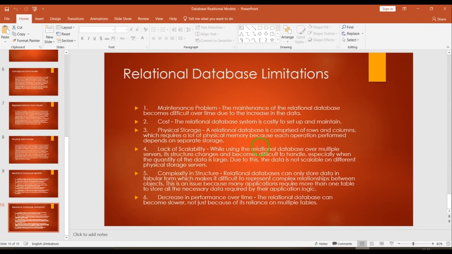The maintenance of the relational database becomes difficult over time due to the increase in the data. Number 2, cost. What do you understand by the term cost? The relational database system is costly to set up and maintain.